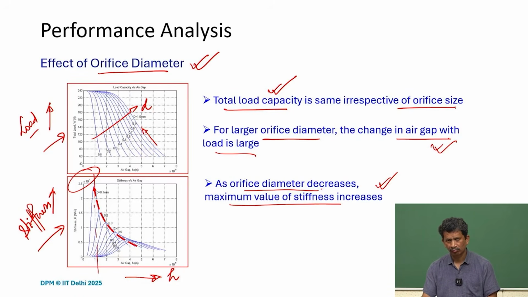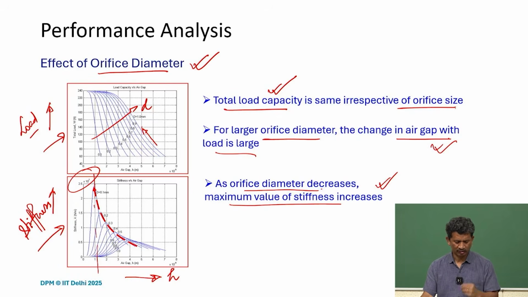People may feel that it's air, so how can the stiffness be so high? But once you understand the fluid dynamics, you realize that yes, the air is getting trapped, and although the flow is there, if you want to have any change, it may not be possible, or there is a very small change in the air gap.